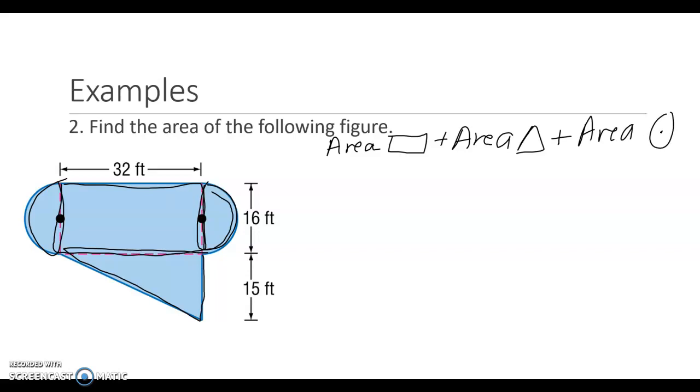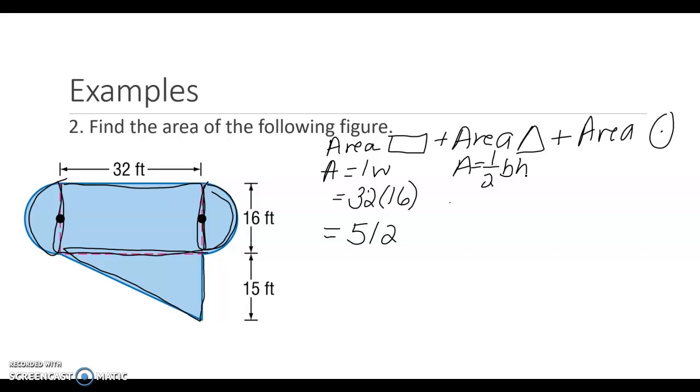Okay? So area of a rectangle, length times width. The length of the rectangle is 32. The width of the rectangle is 16. So 32 times 16 is going to give me an area of that rectangle of 512 square feet. Area of a triangle, 1/2 base times height.